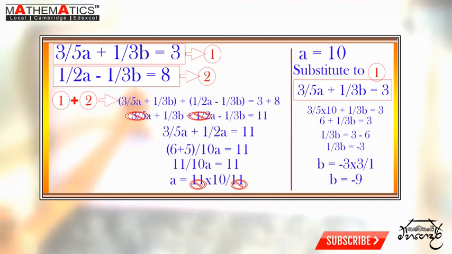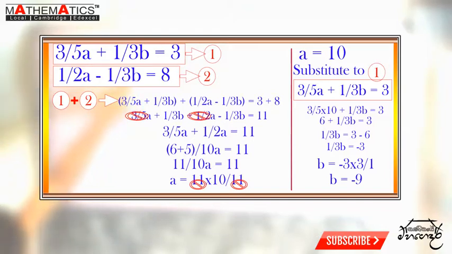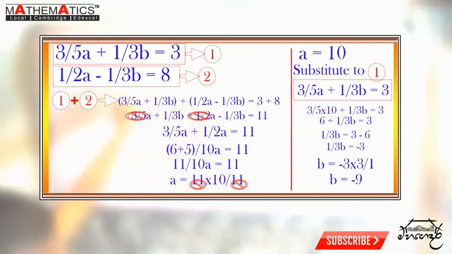You don't change the understanding about the left side 11 and right side 11. Okay, now after you simplify the last step, you can get the answer: a is equal to 10. After that, you have to substitute that answer into the first formula or the second formula.